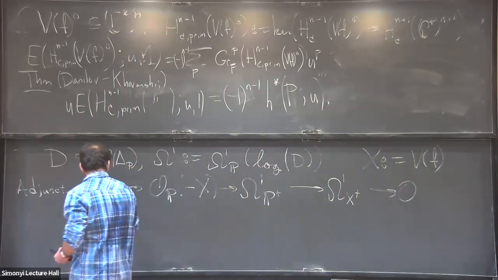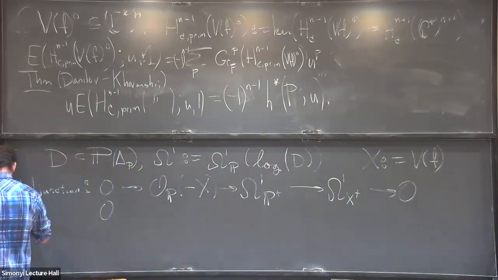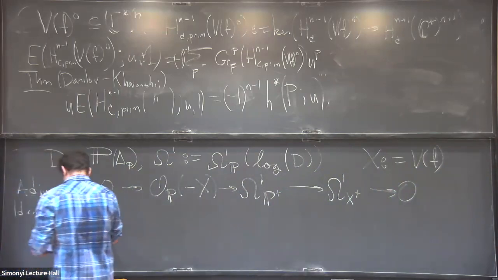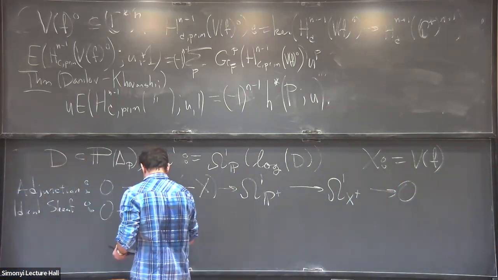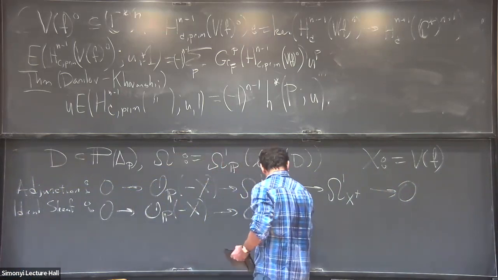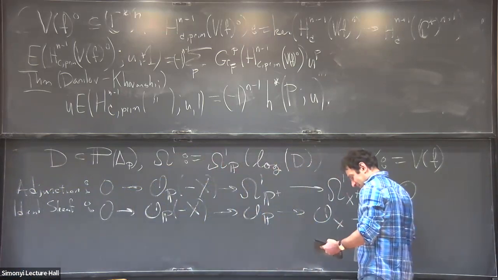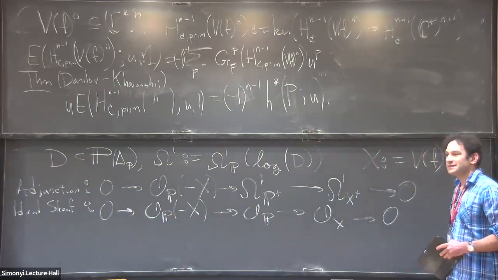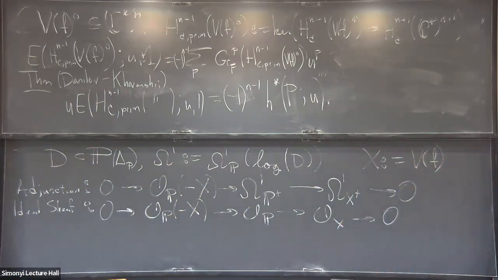And then you've got the ideal sheaf sequence. We're going to suppose it's smooth in this case. It's straightforward to extend it to not smooth.